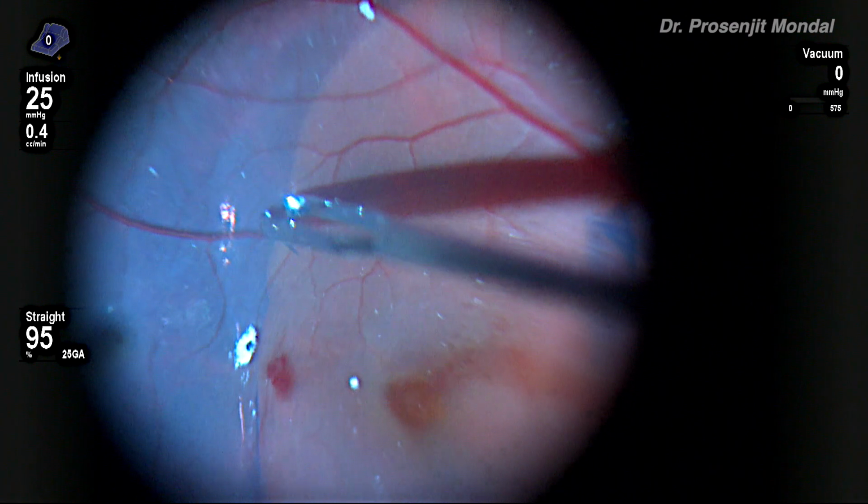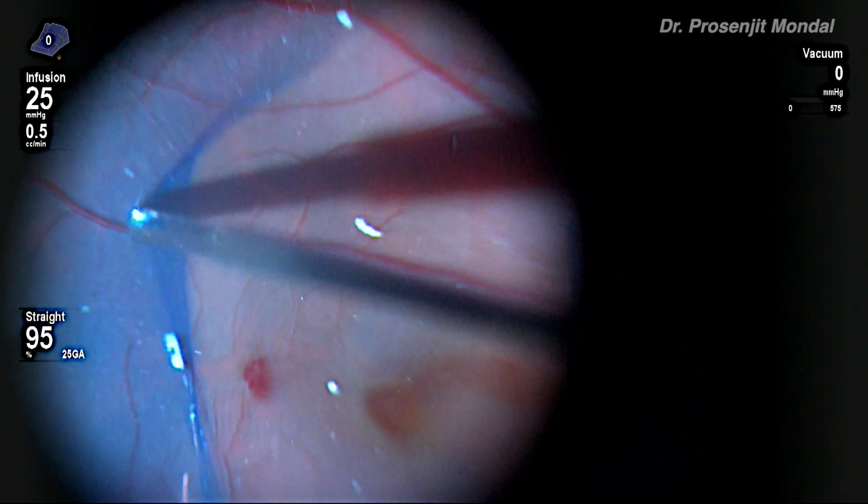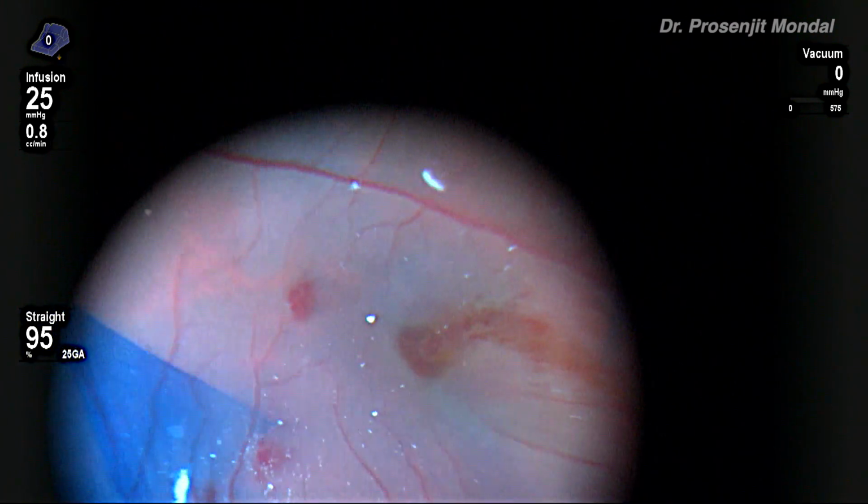Generally, I peel around 2 disc diameters of internal limiting membrane around the macula.